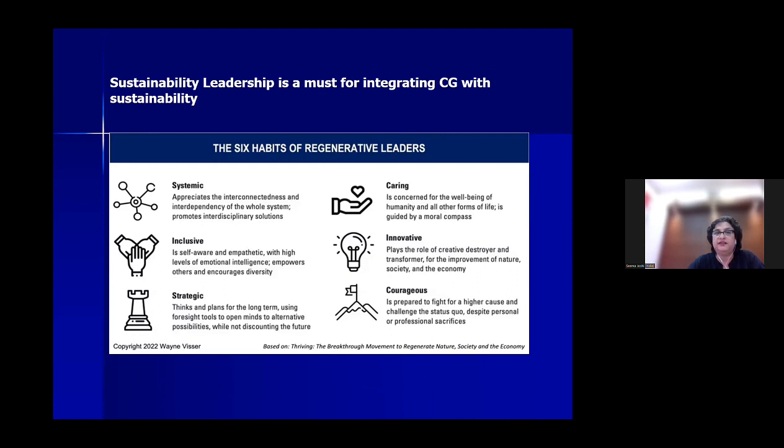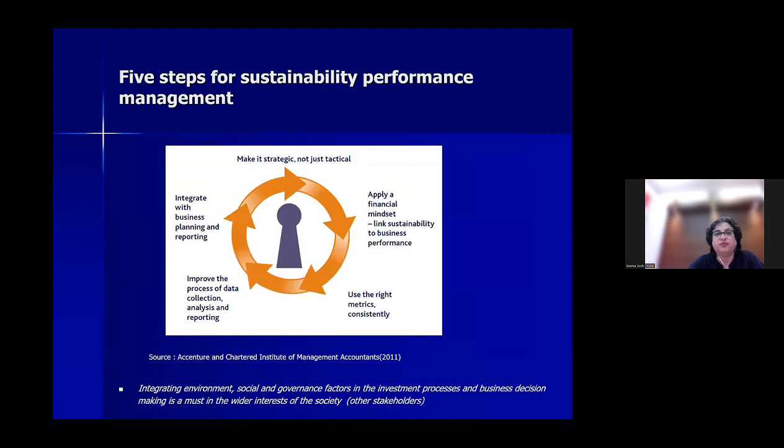As I mentioned earlier, if the board of directors comprises directors who are skilled, have expertise and future vision, then things will be much easier. The qualities defined by Professor Wayne Visser from Cambridge say that sustainable leaders are inclusive, innovative, courageous, strategic, caring, and systematic also.